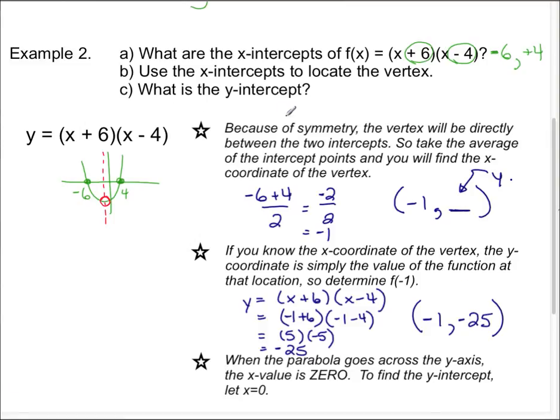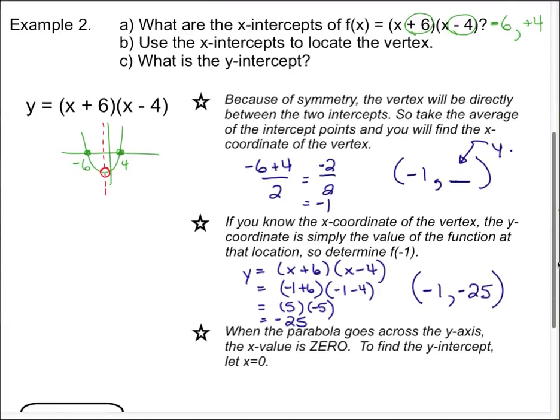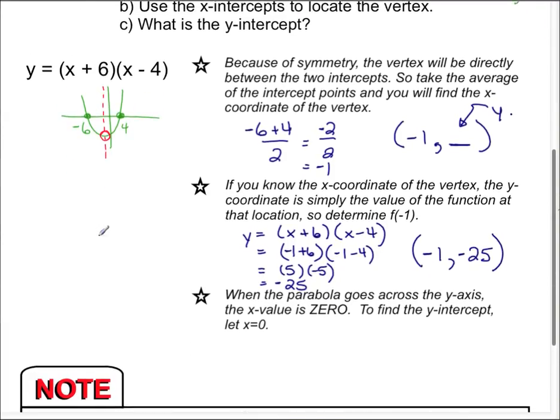Okay. What is the y-intercept? Well, let's actually do this sketch again. Here's my y-intercept. My y-intercept is down here. Now, what do I know about this point? Not much, except that x is going to be 0, because this is the 0 line for the x when it crosses the y-axis.